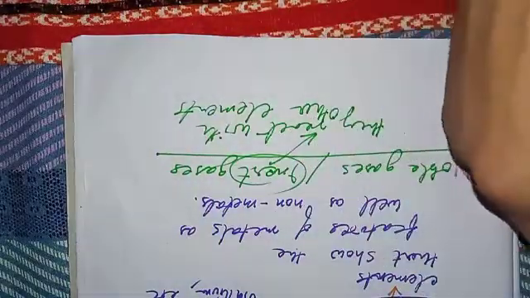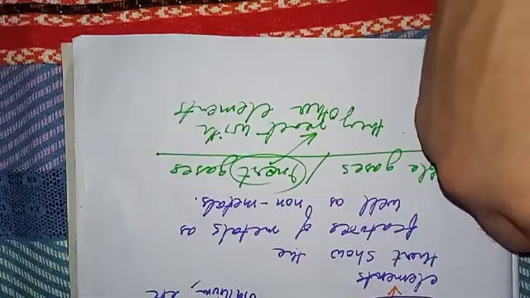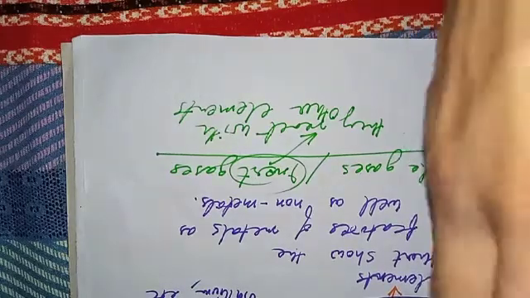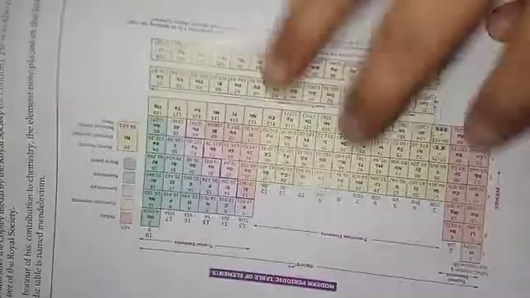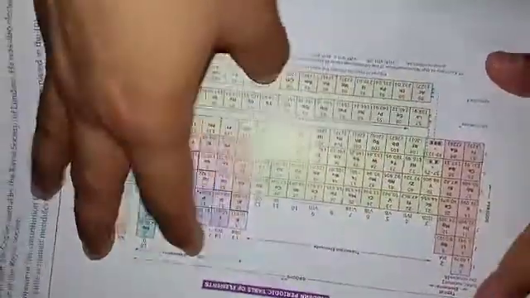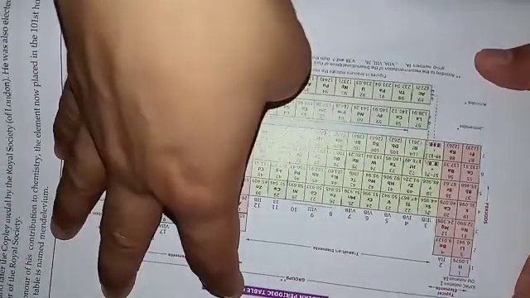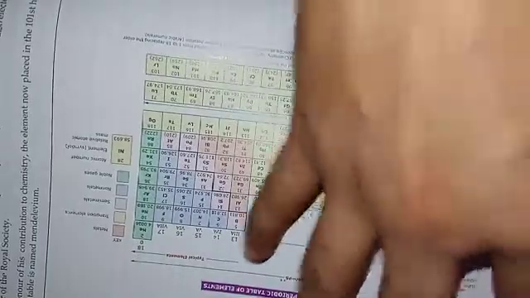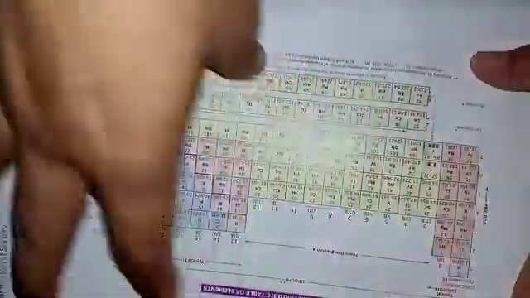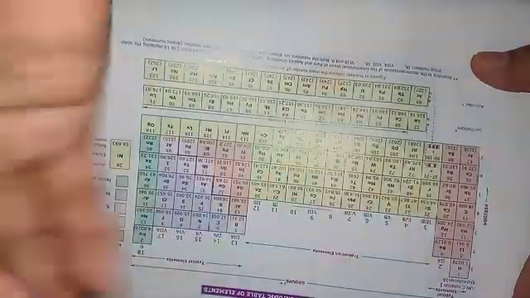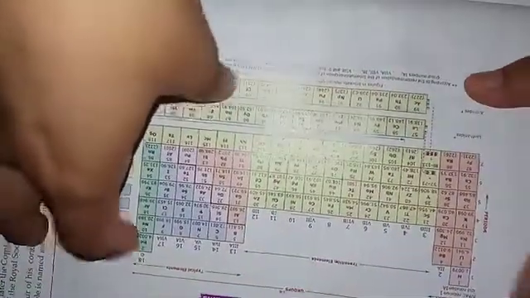Okay, my dear students, a very important thing which I would like to share with you, in the first chapter, probably I showed you this. This is the periodic table. This periodic table is a chart which lists all the elements in a particular way, which you will learn in higher classes. In class 9 and 10 you will learn this as a chapter.